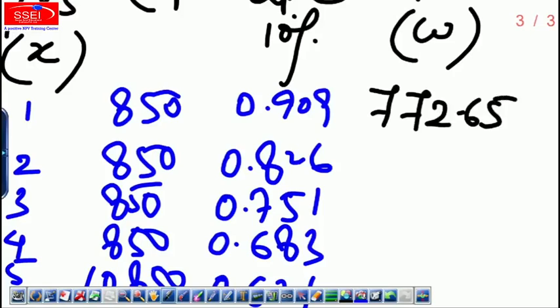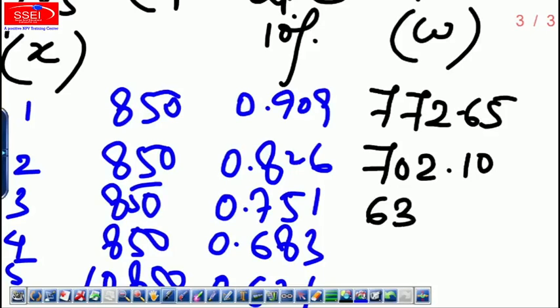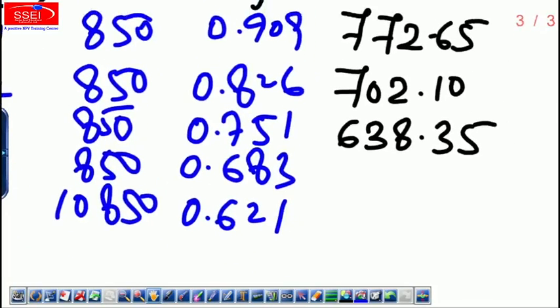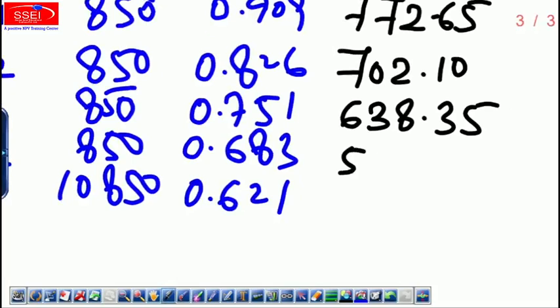0.826 into 850 is 702.1. 0.751 into 850 is 638.35. 0.683 into 850 is 580.55. 0.621 into 10,850 is 6737.85.